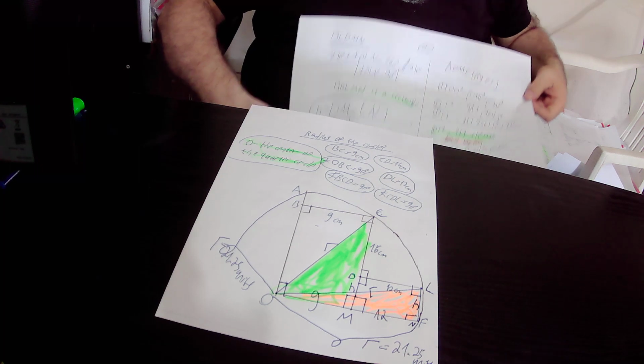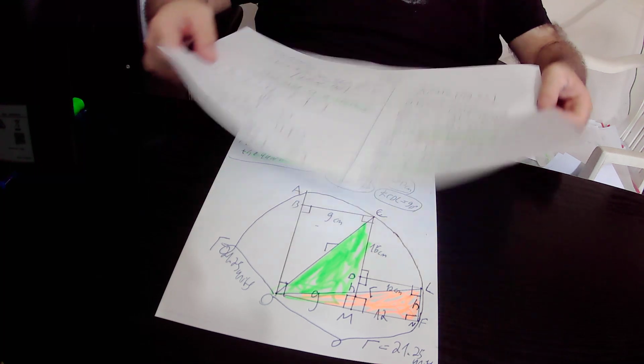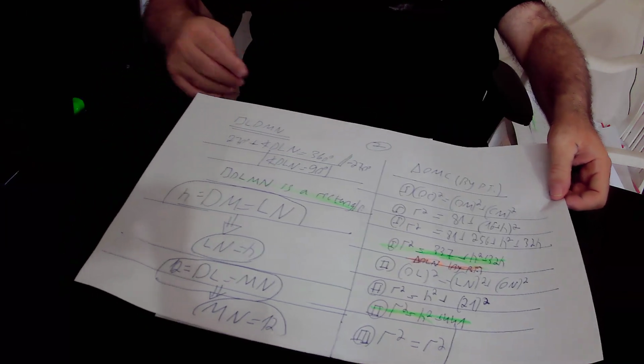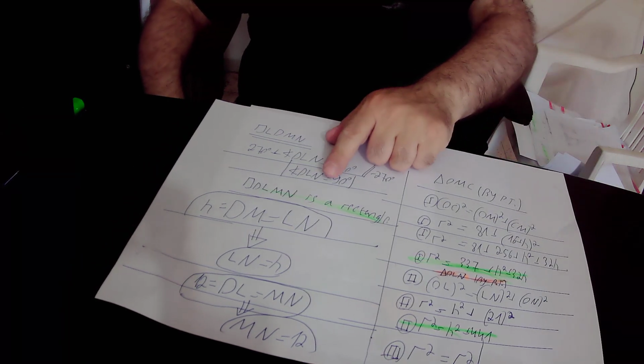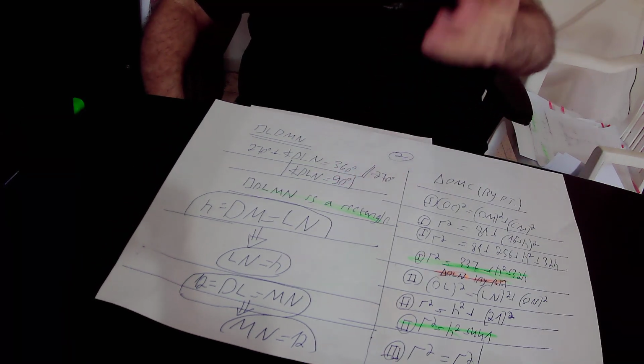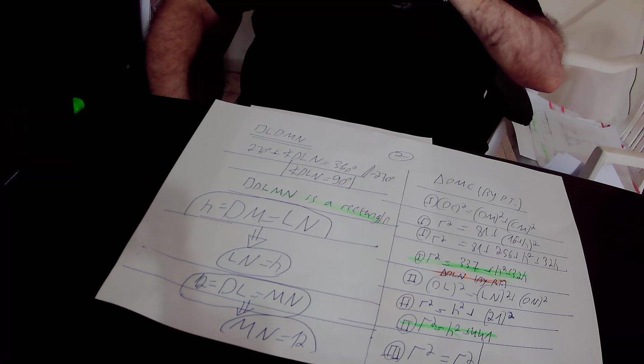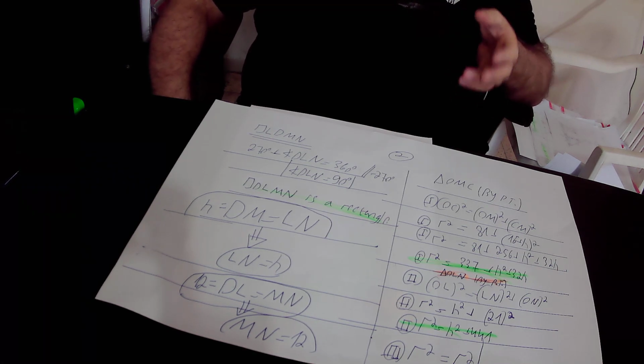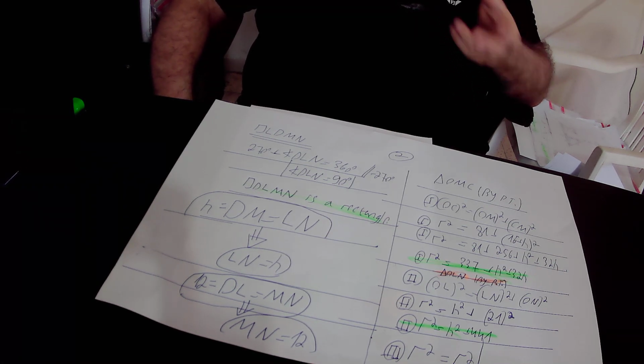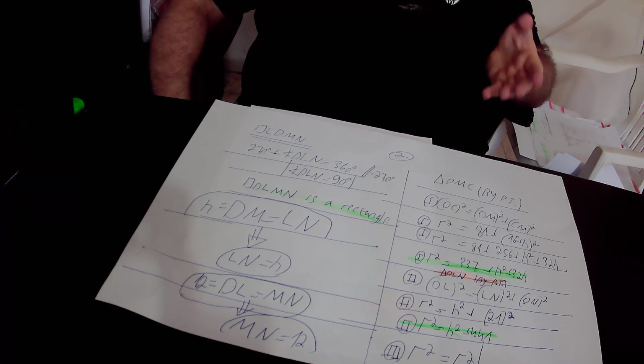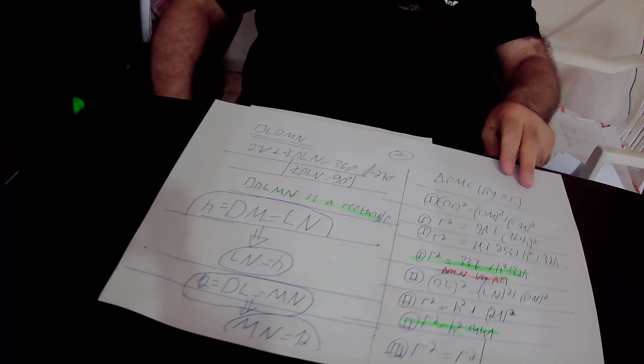Any quadrilateral that has 4 right angles must be at least a rectangle, if not a square. So we relate to quadrilateral DLMN as a rectangle. Why? Because it has 4 right angles. And we know that the opposite sides of a rectangle are equal to each other.